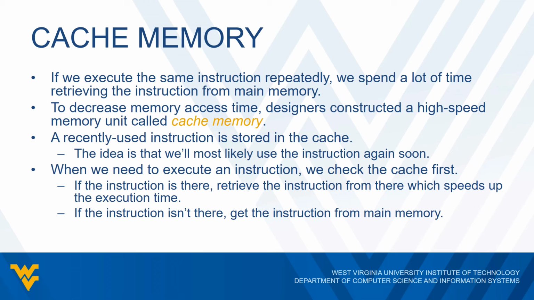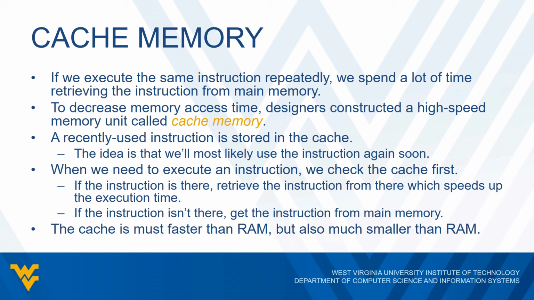Now, one of the things that you might be thinking is, well, why don't we just put everything in the cache then? Why use the RAM if we can just use the cache to access stuff quicker? While the cache is faster than RAM, it's also a lot smaller than RAM. The cache may be a couple megabytes, whereas the RAM could be several gigabytes.